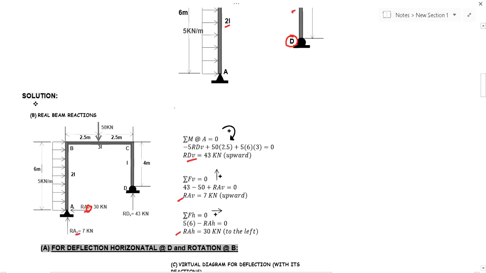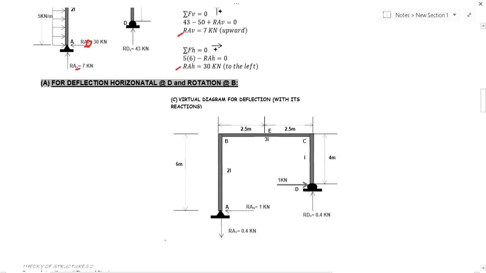To draw the virtual diagram, you have to remove all the loads of the frame.